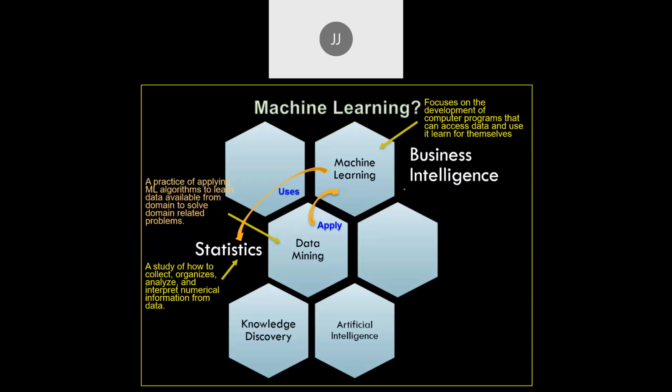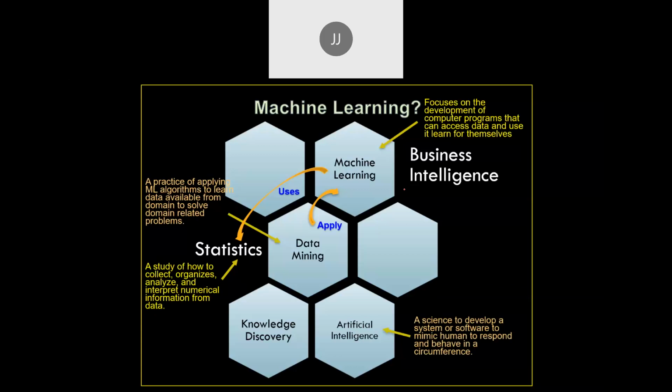And we also have AI. AI refers to a science to develop a system or software to mimic or imitate human intelligence, like vision, natural language processing, and reasoning, the way we think, and so on.